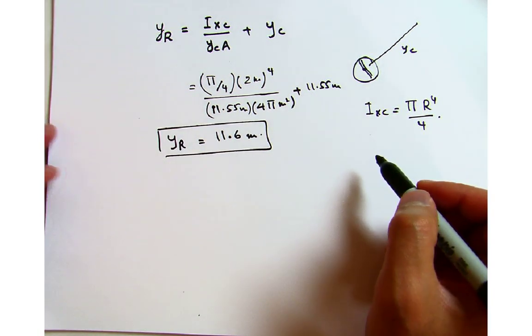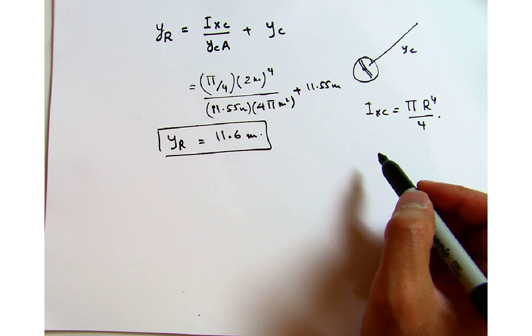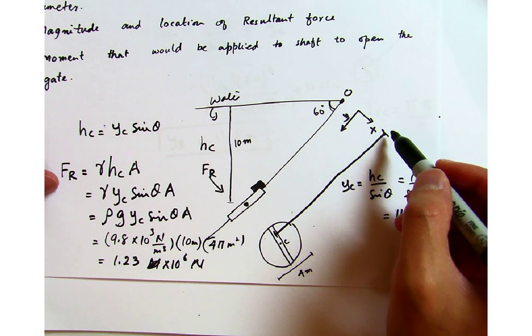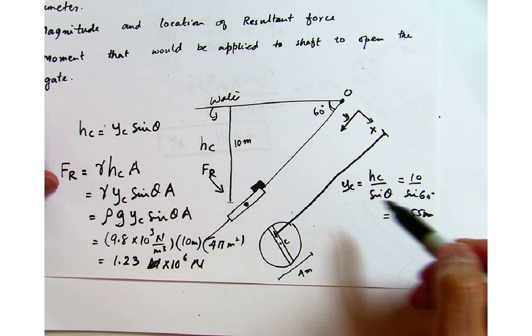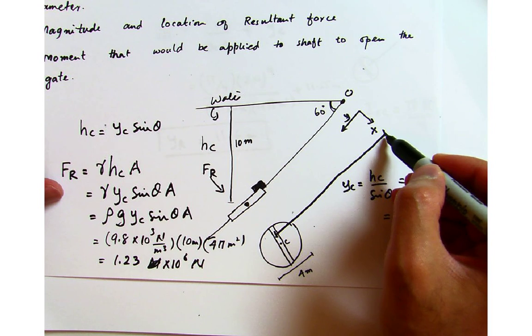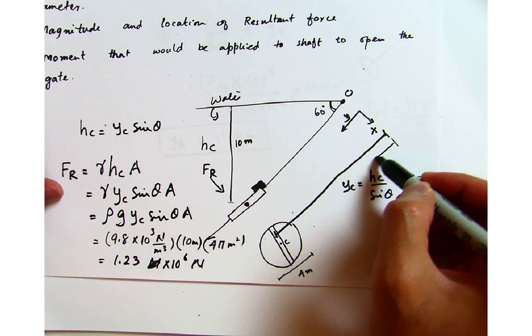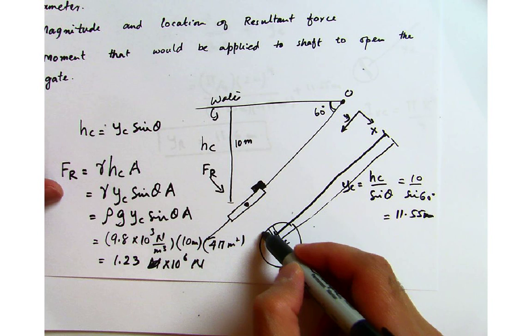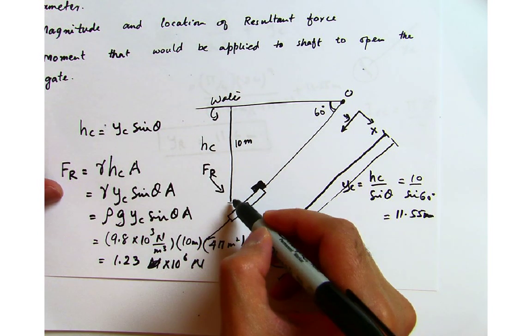So going back to our drawing over here, from this location to the centroid you have 11.55. So again, starting out from here, 11.6, so somewhere over here, that's where your F_R is acting.